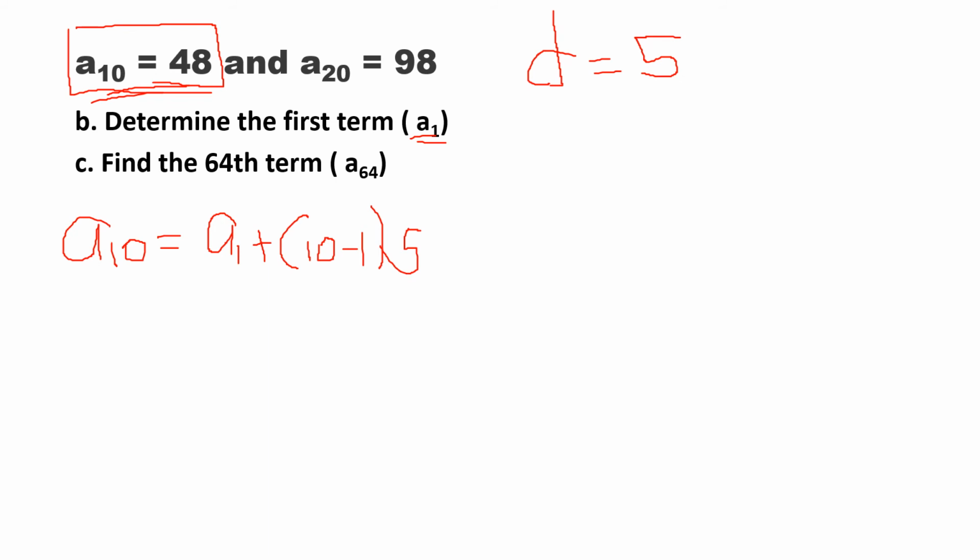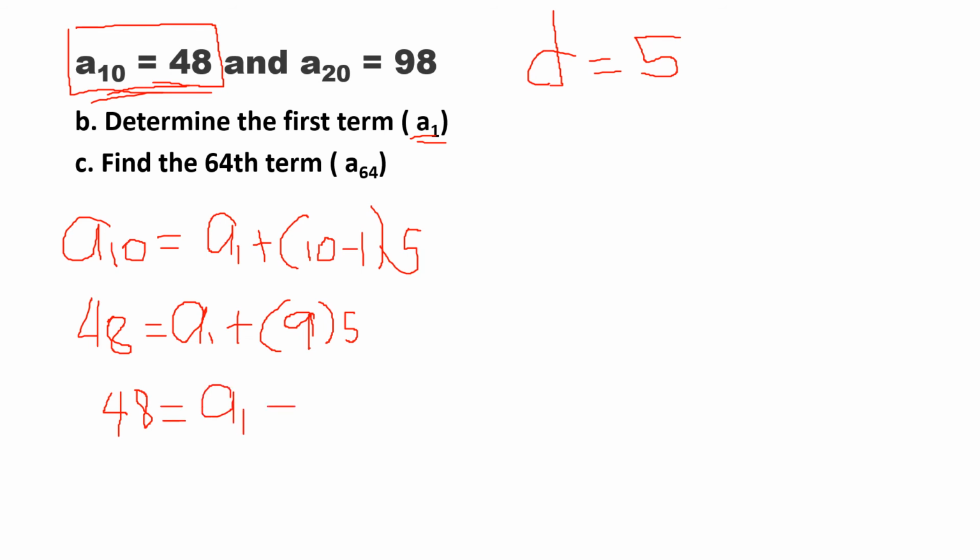Okay, then palitan natin ng value A sub 10, we have 48 equals A sub 1, and hindi pa natin alam at isosolve pa natin, plus 10 minus 1, that is 9 times 5. So this becomes 48 equals A sub 1. Then 9 times 5 is 45.